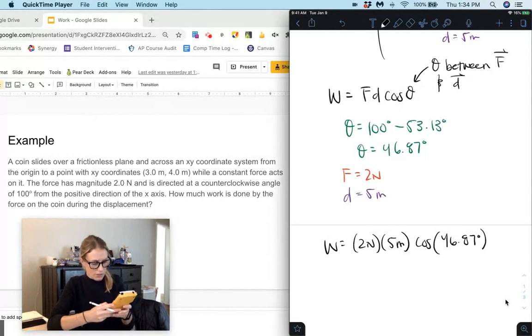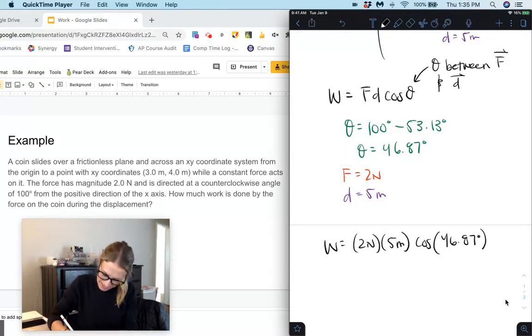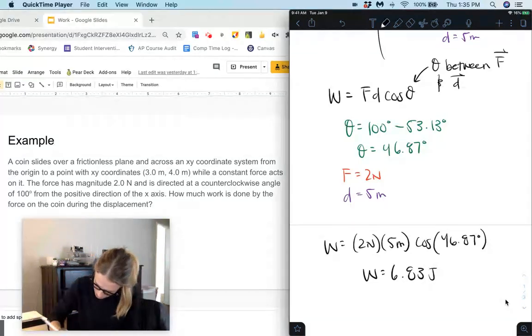So I get 2 times 5 times the cosine of 46.87 degrees. And we end up getting the work done is equal to 6.83 joules.